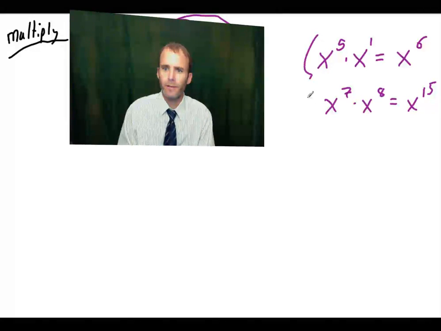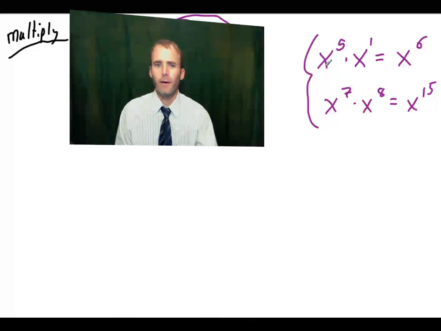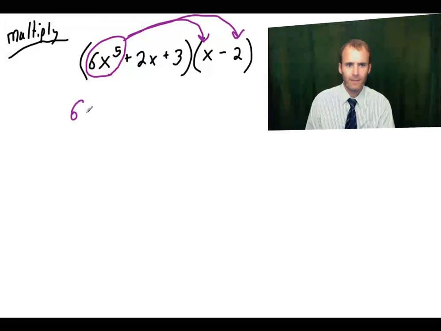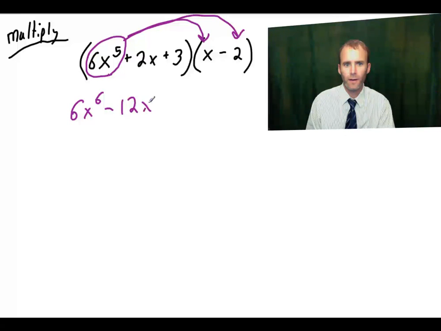So we have to remember this property of when we multiply variables, we add the exponents. So 6x to the 5th times x gives me 6x to the 6th. 6x to the 5th times negative 2 gives me negative 12x to the 5th.